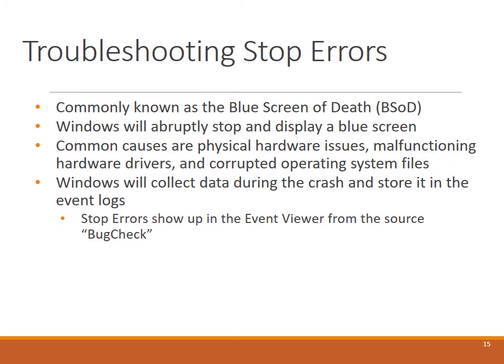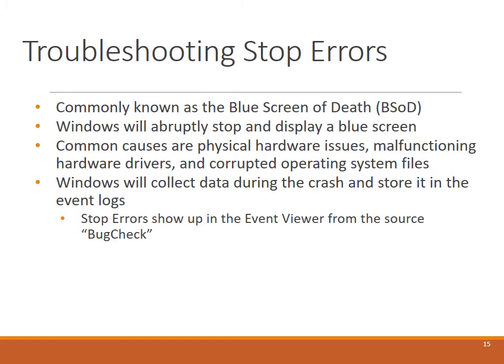During a blue screen, Windows does a better job of this now than it did in XP or Vista. Basically, it collects data during the crash, and then stores it in the event log. Stop errors in the event viewer show up with the source BugCheck. So if you go back to the event log and filter not by type but by source, just input the text BugCheck and you'll be able to find that event.